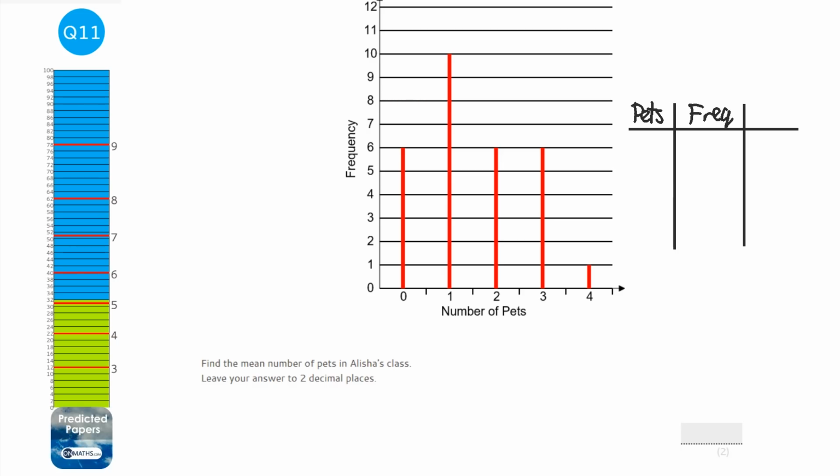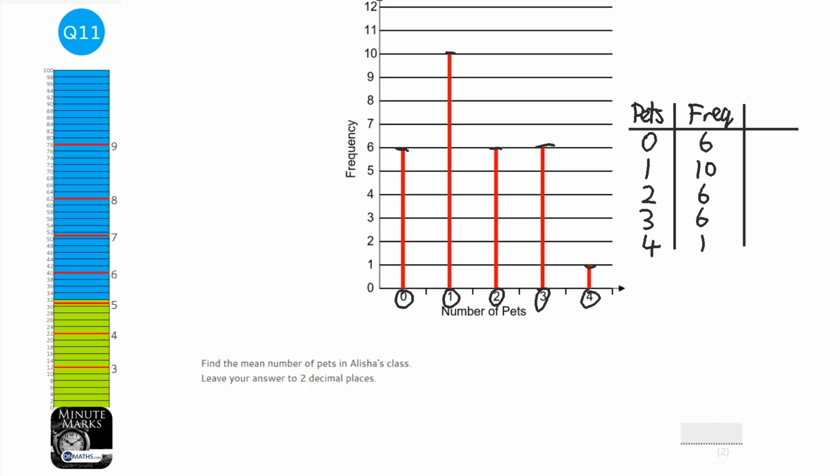So 0 pets, the frequency is 6, 1 pet, the frequency is 10, 2 pets, the frequency is 6, 3 pets, the frequency is 6, and 4 pets, the frequency is 1.